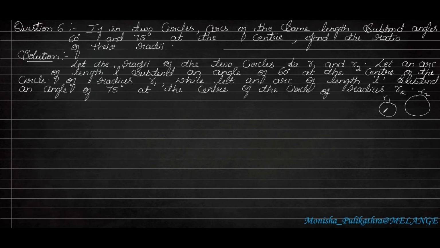Let us consider it as a minor arc. We don't know which arc that is, but the length of the arc is the same. If the length of this arc is 1, for example, then AB is also 1. Both circles have the same arc length, but they form different angles at the center.